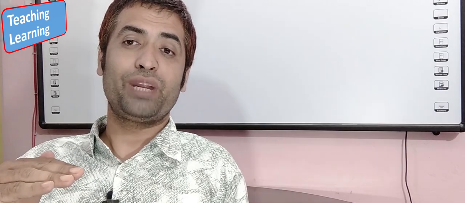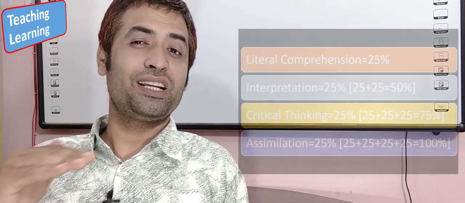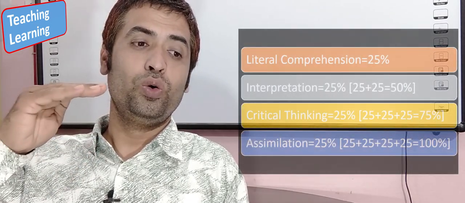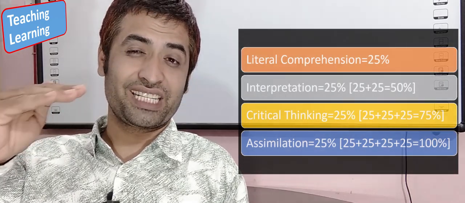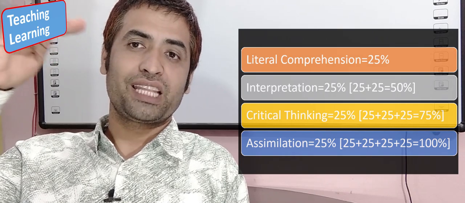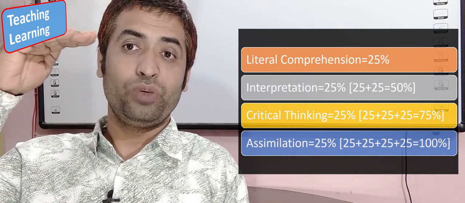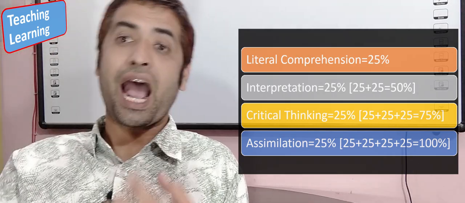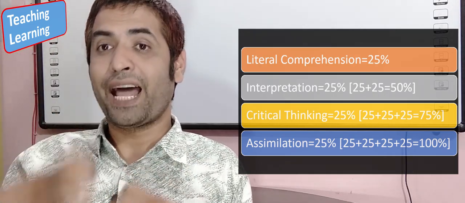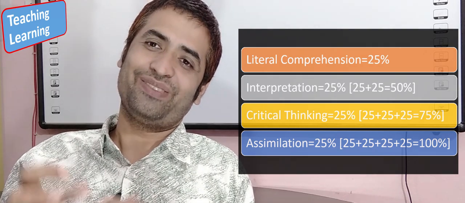Level 1, literal comprehension, simply what is there in the text. Level 2, interpretation, what the text and the writer try to say through this text. Critical thinking, the areas where we really have doubts and confusion. And assimilation, how we are going to receive and apply those things in our life. That way you need to do.